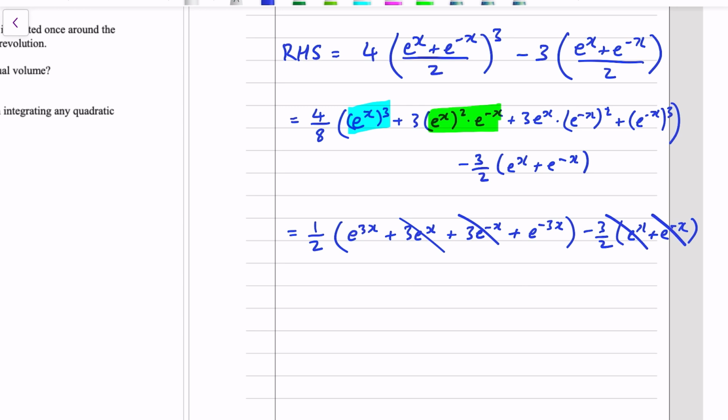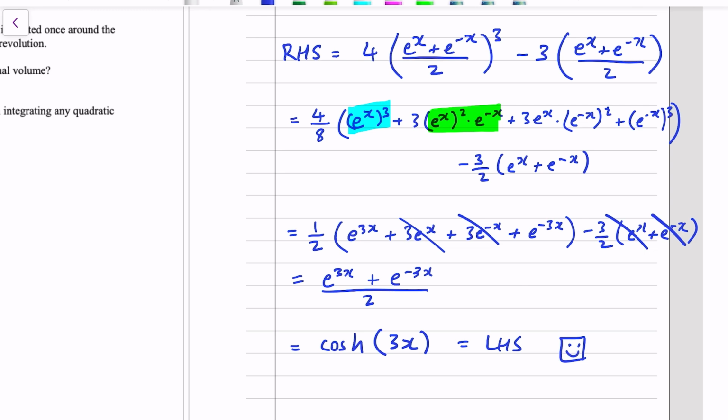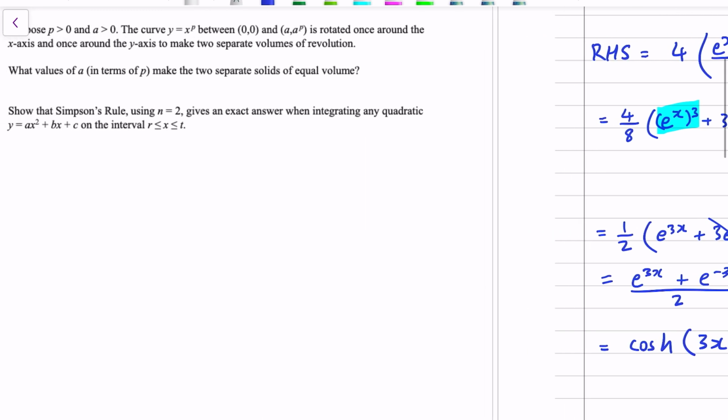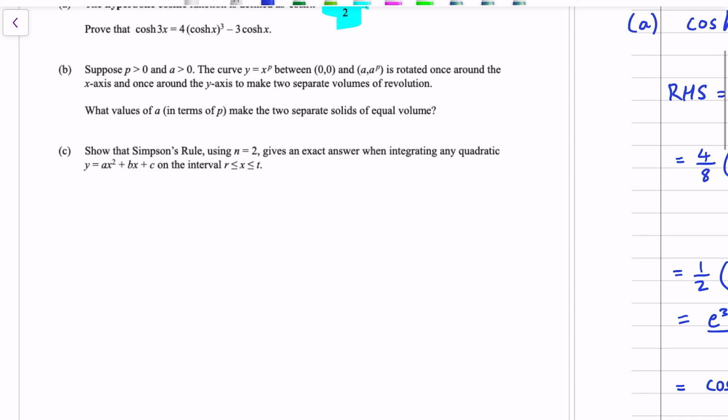And we're left with e to the 3x plus e to the minus 3x all over 2, which is of course the hyperbolic cosine function where 3x is the argument and not x. So it equals left hand side. Happy days. Not too bad.